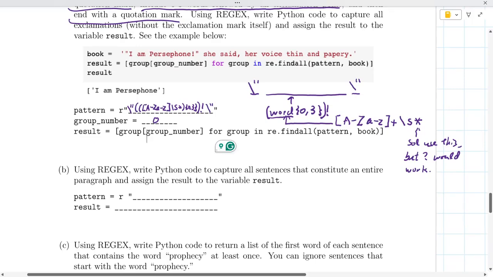Okay, now, next part. Write Python code to capture all sentences that constitute an entire paragraph, and assign the result to the variable result. Okay. So what we can do is try to figure out what it means for something to constitute an entire paragraph. We can consider the property of a paragraph.